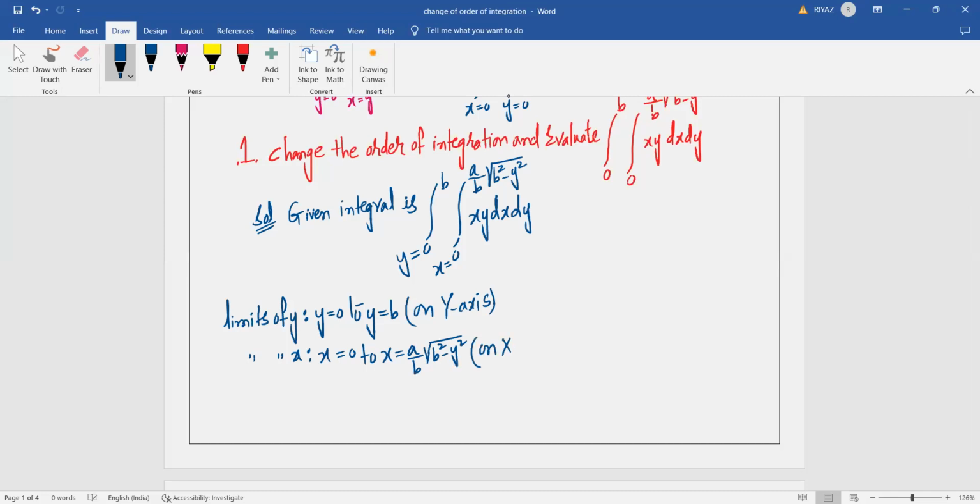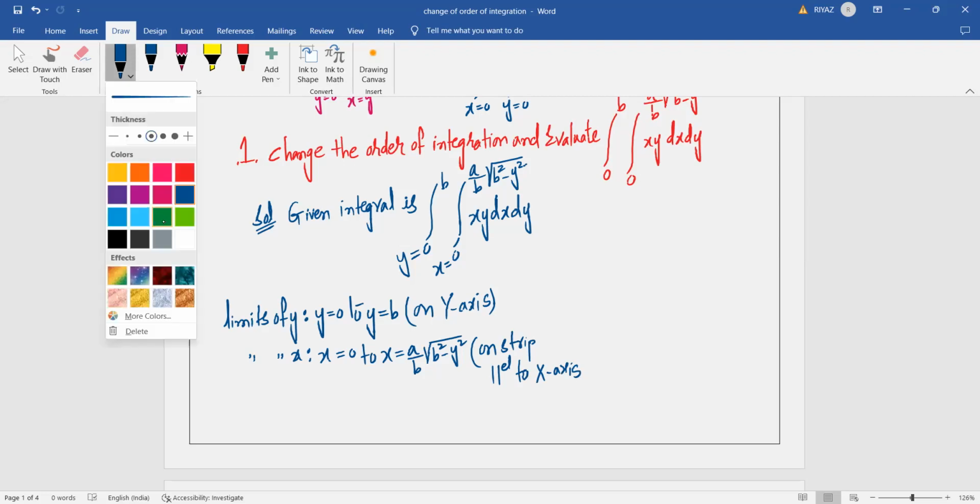So it is a strip parallel to the x-axis. So the expected figure, if you want to draw, let us use another color to draw the figure.